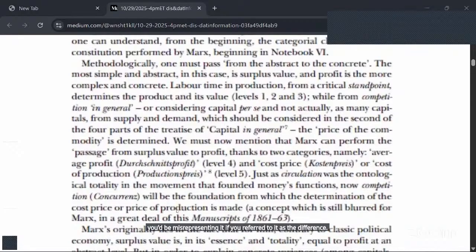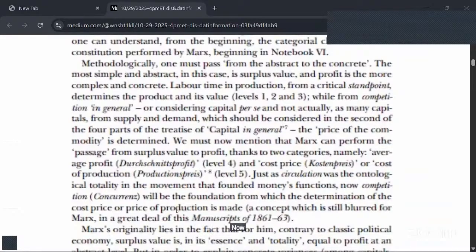You can see that the difference in cost price, the 2 cost prices, are essentially the differences that correspond to formal subsumption and real subsumption. I know that's kind of complicated, but we'll go back over this. Just as circulation was the ontological totality in the movement that founded money's function, now competition, this is circulation and competition, right?